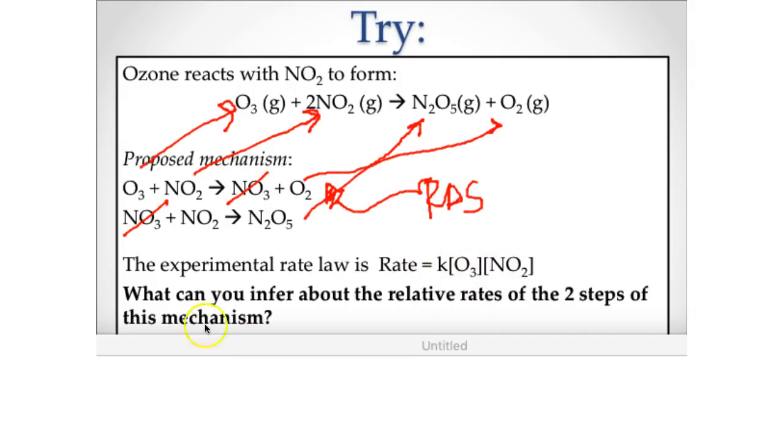So what can you infer about the rates of the 2 steps of this mechanism? I can infer that this is most likely the rate determining step because it has these guys included in the rate law, and not these guys. So that's what I could infer. So hopefully you guys got that.